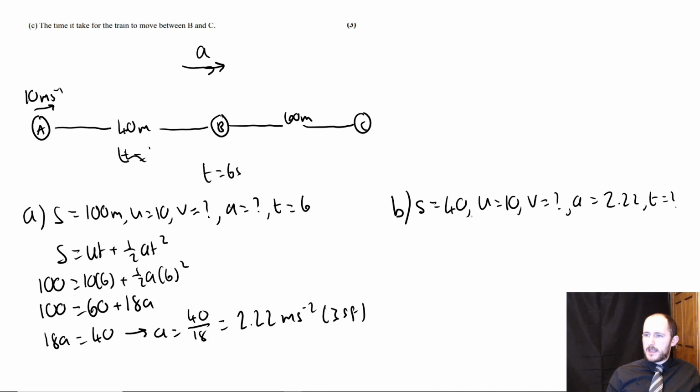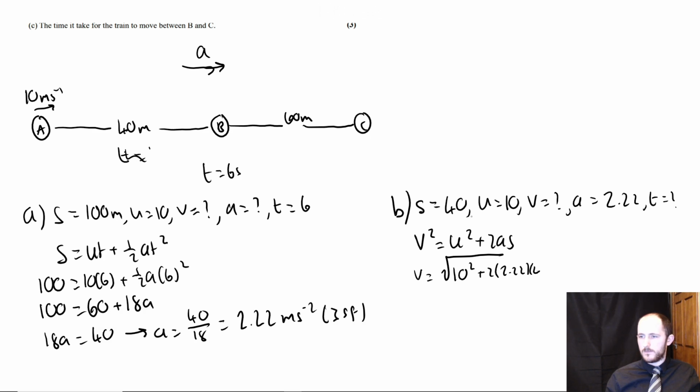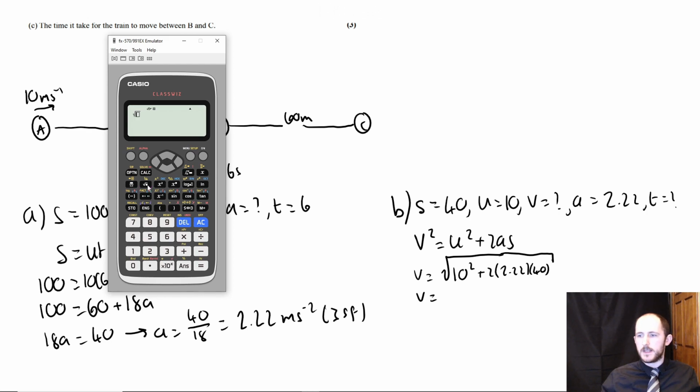What we can do here is we have S, U, A, and we want to work out V. So V squared equals U squared plus 2AS. So 10 squared plus 2 times 2.22 times 40.